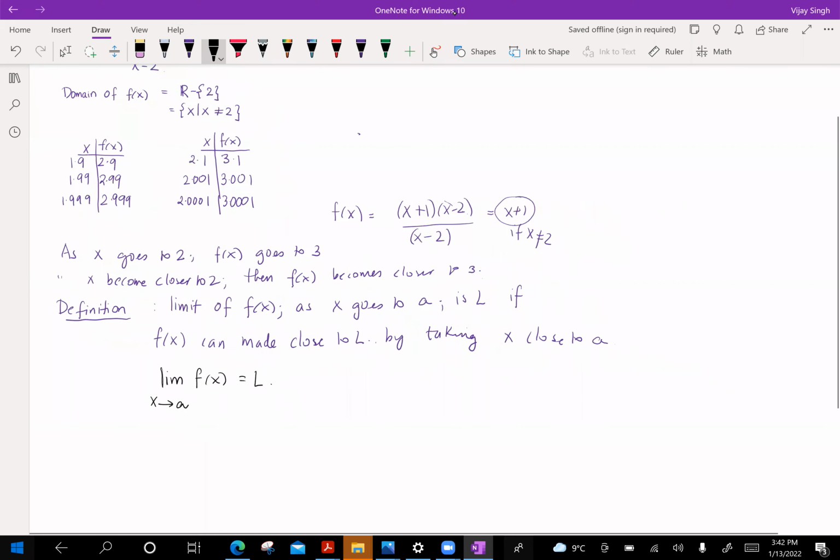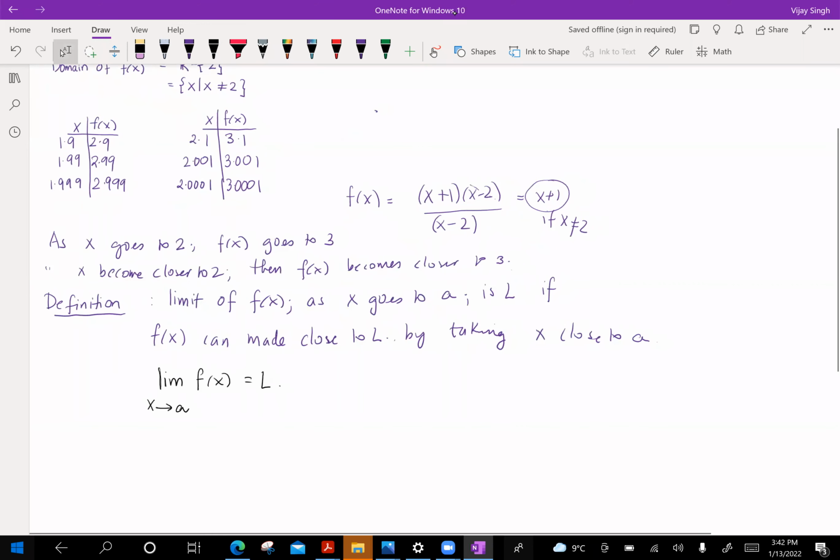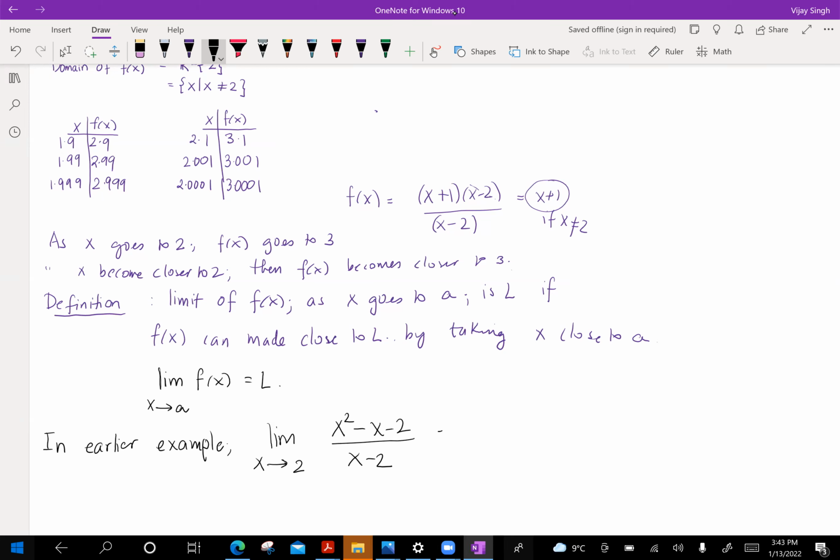So in the earlier example, we can say that the limit as x goes to 2 of f of x, this was your f of x, right, is equal to what? 3. So this is the concept of limit.